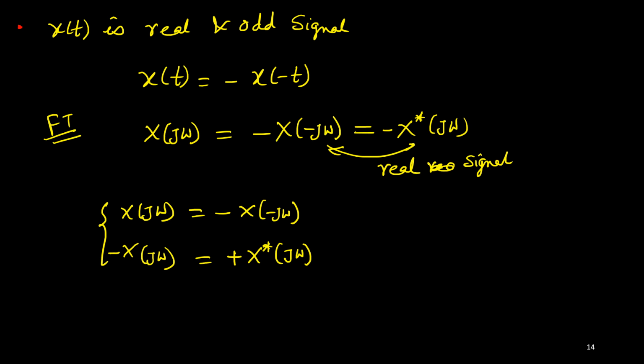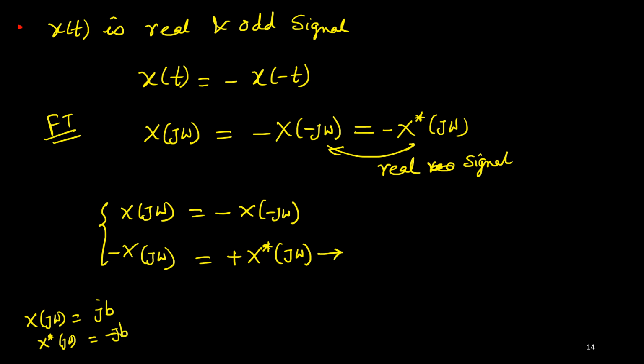So what is the implication of this one? If I take a conjugate of a function, then I will get minus sign of that function. That is possible if the signal has only an imaginary term, because if X of j omega is of the form jb only, then its conjugate is the minus jb form.